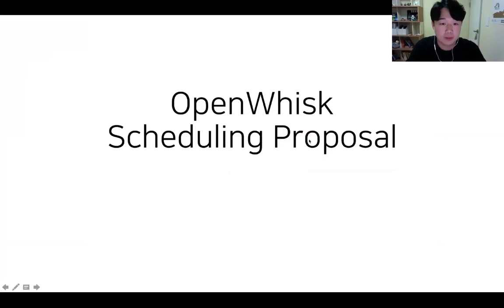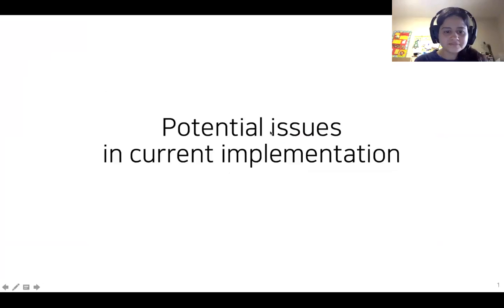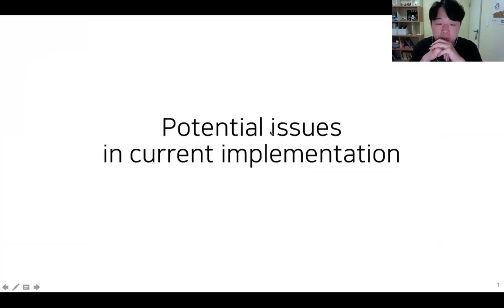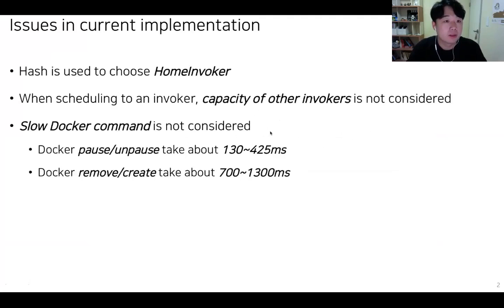Yes. Okay. I will first address the potential performance issues in the current implementation. These are the main issues. First, we are choosing the home invoker using hash. When scheduling the activation to an invoker, the capacity of other invokers is not considered now.